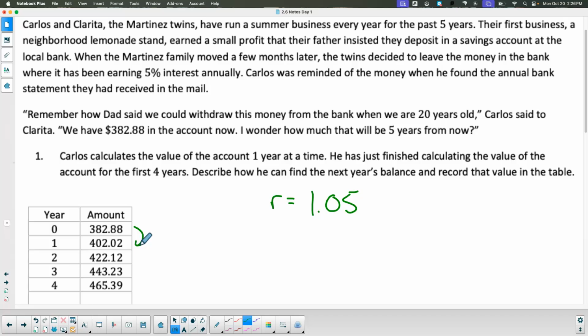Now, on your calculator, you should have gotten there 402.024. Correct?